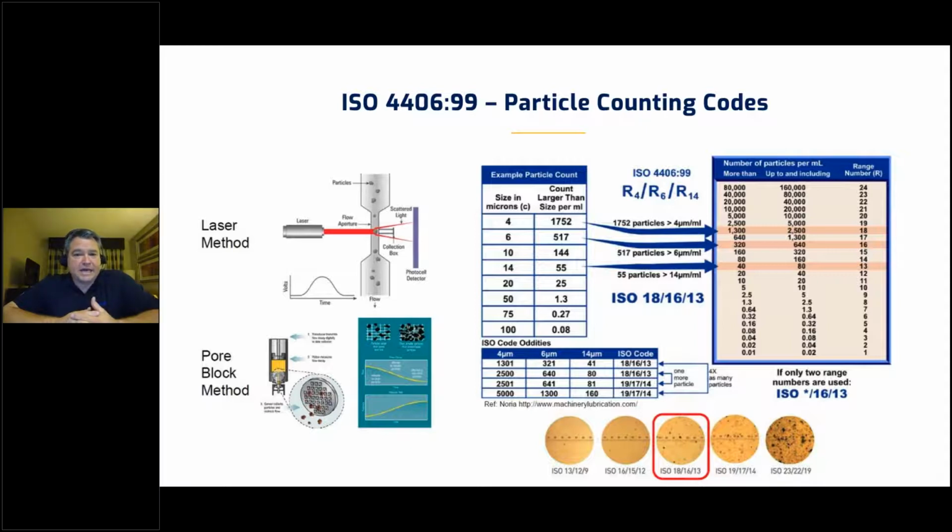So one screen may capture all the particles that are 14 micron and greater, the next one 6 micron, the next one 4 micron, for instance.